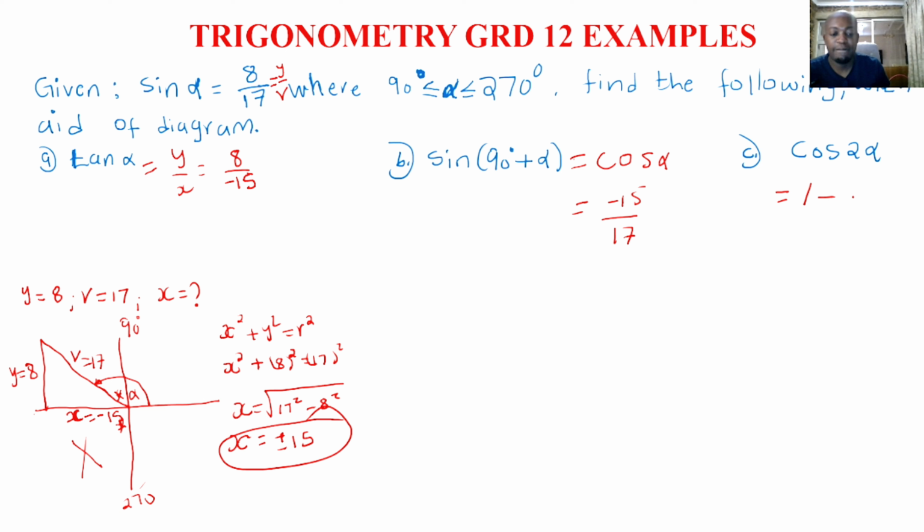When you change it, it gives you 1 minus 2 sine squared alpha. So you're going to have 1 minus 2 times 8 over 17, all squared. When you punch this in your calculator, you should get 161 over 289. And that's how you would deal with this question, guys.